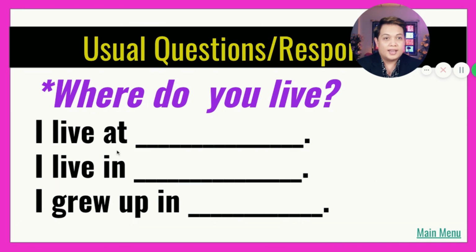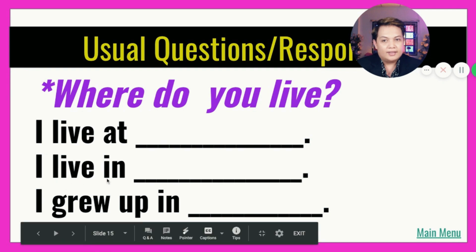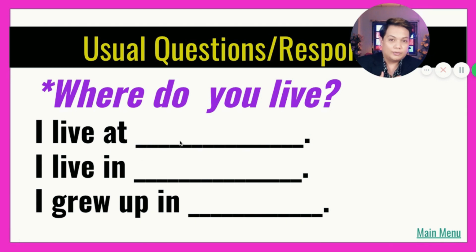So since you see at here, if you use at, you should tell the person your exact location, since you use the preposition at. When you use I live in, you can simply tell the person the district or your hometown. For example, I live at, and I would tell you my complete address.